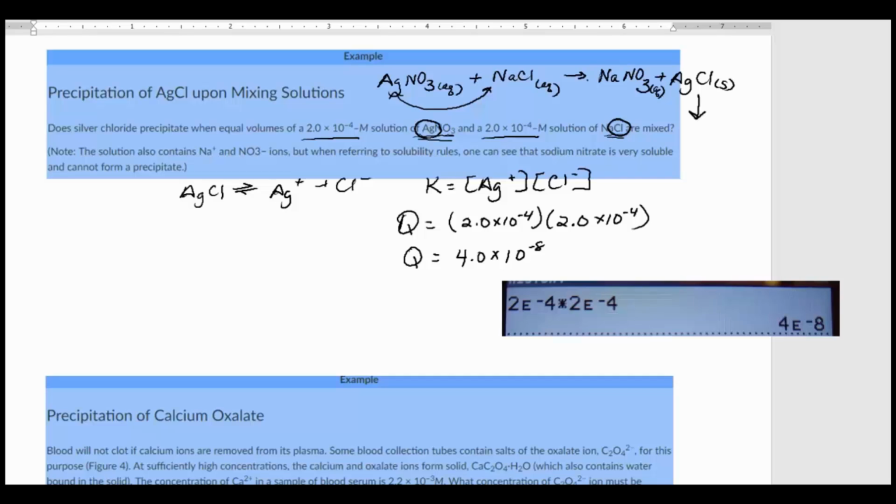Now I need to have my KSP value. So the KSP value is 1.8 times 10 to the negative 10. And if you aren't given that, there is a table within the classroom, and I'll try to make sure that that's on your quiz as well, or available to you on your quiz. The Q value is greater than the KSP. Therefore, yes, there will be a precipitate.